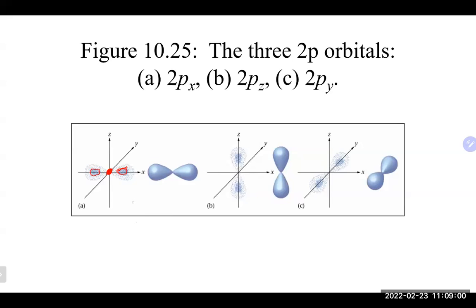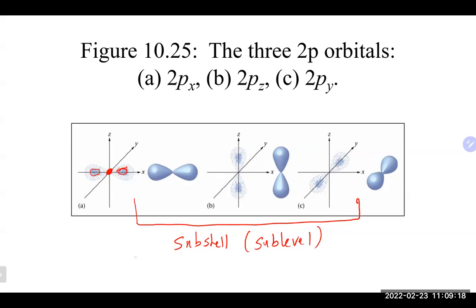When we take these three p orbitals together, they are sometimes referred to as a subshell or sublevel. So this is what is sometimes referred to as the 2p subshell or sublevel.